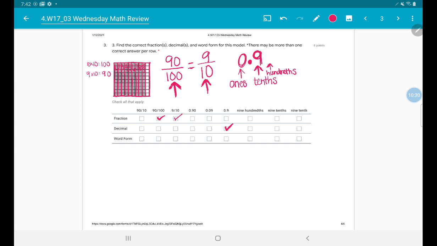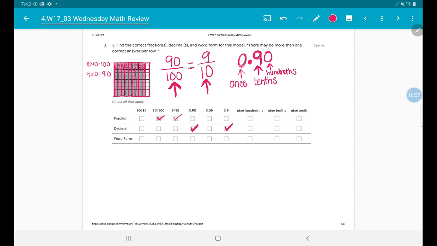And if I look at this first fraction that I came up with, I had 90 hundredths. So we would write that 0 decimal point, 9 in the 10ths place, and 0 in the hundredths place. So I'm going to check that option as well.